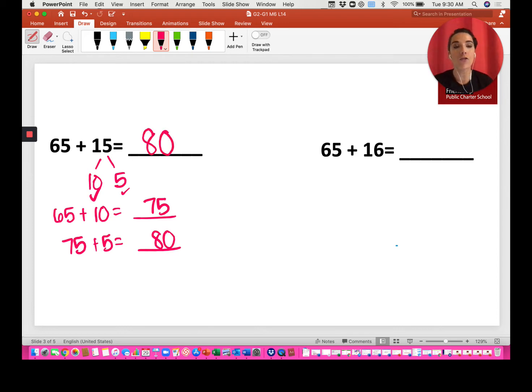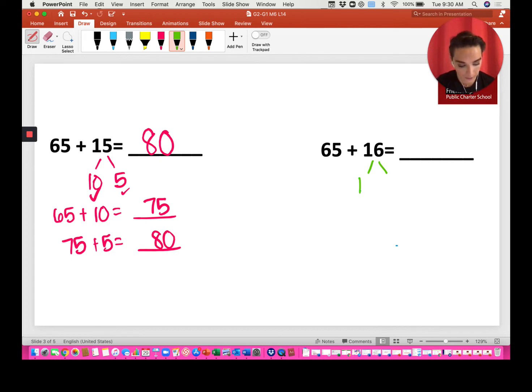Let's go ahead and try now to decompose 65 and 16 and see if we still get a similar answer to 65 plus 15. So sometimes it's easier to break apart into tens and ones. And so to do this, I am going to decompose 16. And what would I get when I decompose 16?